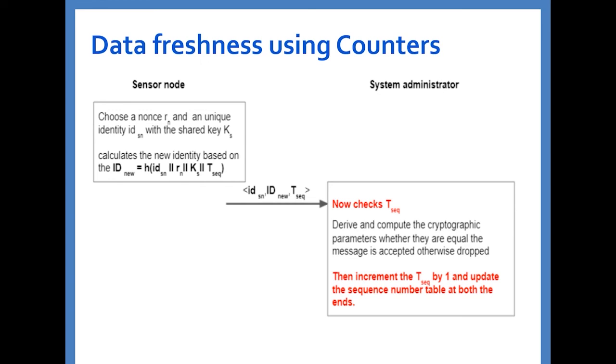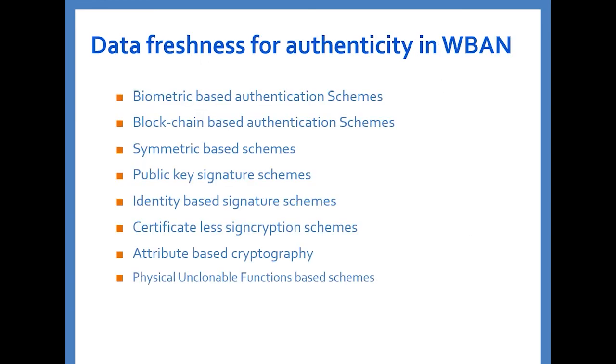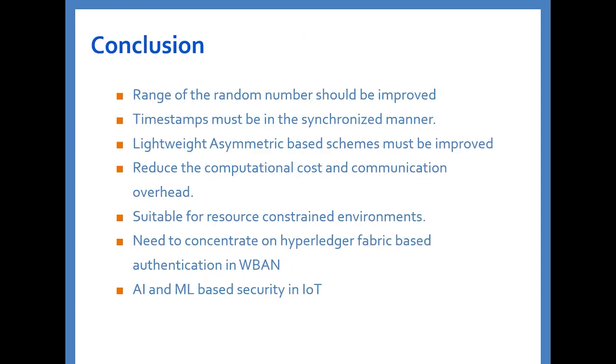If equal, then it is incremented by 1 and the sequence number table is updated at both ends. These are the authenticity mechanisms present in W-band to provide data freshness in various schemes.